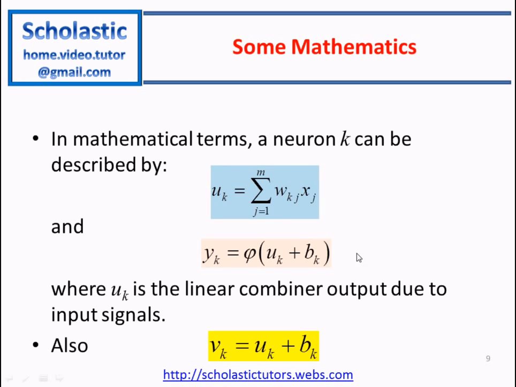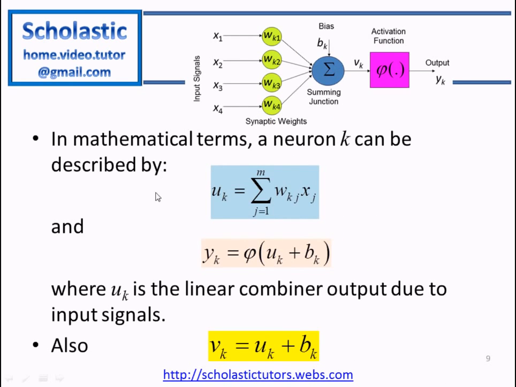So this is the first mathematical form that we get for this case. Basically, this is the model. We have four inputs here. The inputs are xj's, multiplied by the weights wkj's. So multiply xj with wkj and take the summation from j equal to 1 to m to find the value of uk.